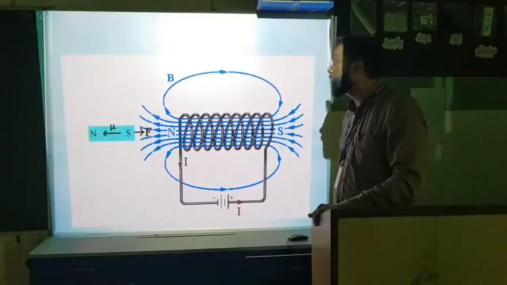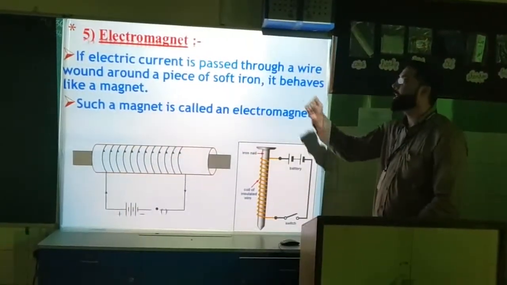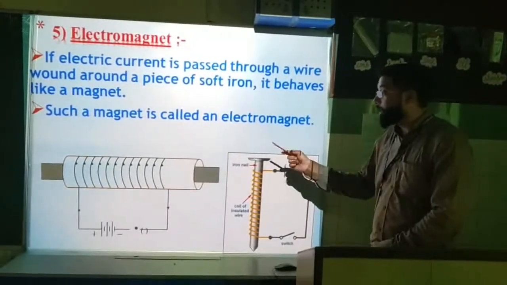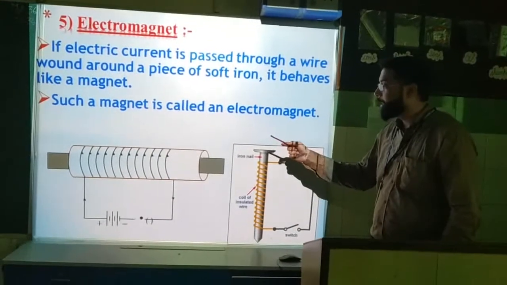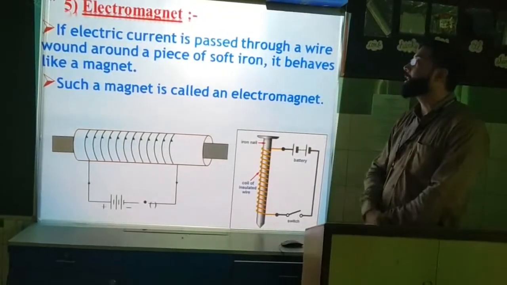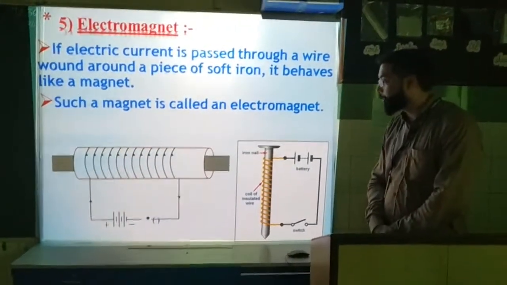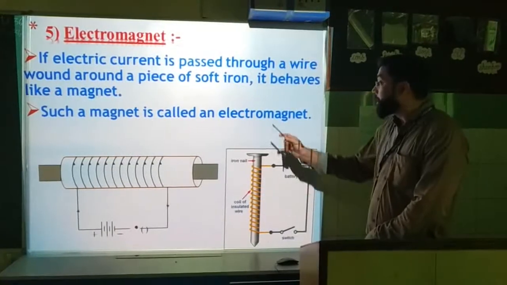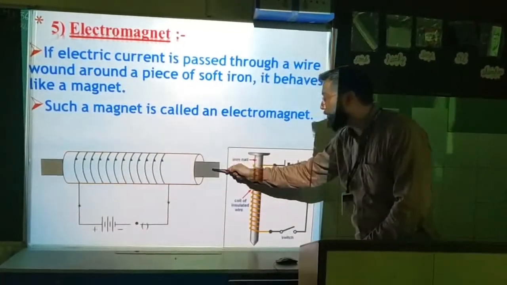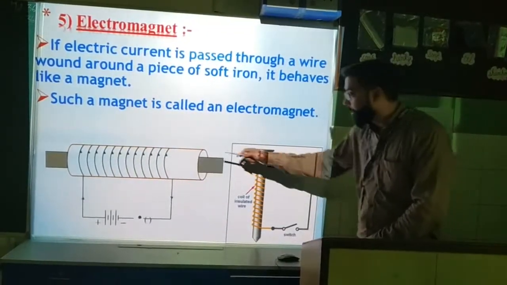Now the next topic is electromagnet. An electromagnet means if a soft iron bar is kept inside a solenoid carrying current, it behaves like a magnet. Such magnets are known as electromagnets. See, this is soft iron, this is a solenoid, and the soft iron bar is kept inside the solenoid.